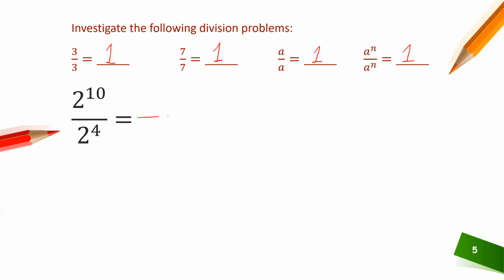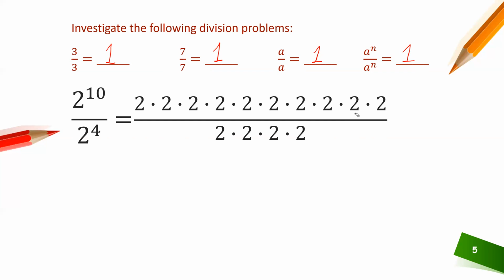So let's say you have 2 to the 10 power divided by 2 to the 4th power. Well, by definition, on the numerator, you have 10 copies of 2, and then on the denominator, you have 4 copies of 2. So it will look like that, right? Now, what are we going to do? We're going to use this concept right here, yeah?